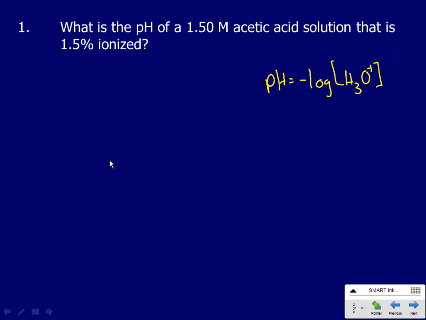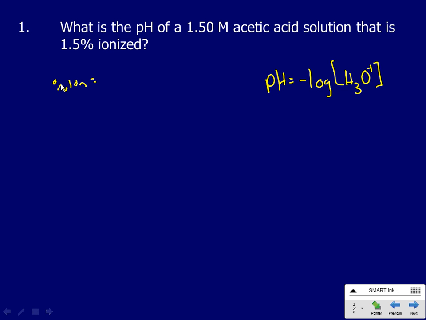Yesterday, I did this question two ways. Essentially, I need 1.5% of 1.50. Or I can rearrange the equation. I'm going to do this as a rearranged equation today.